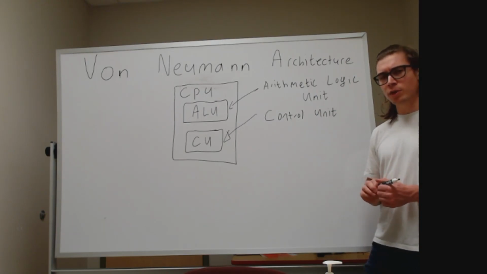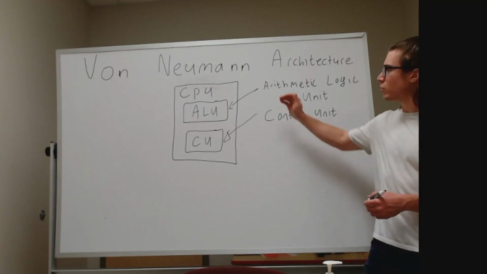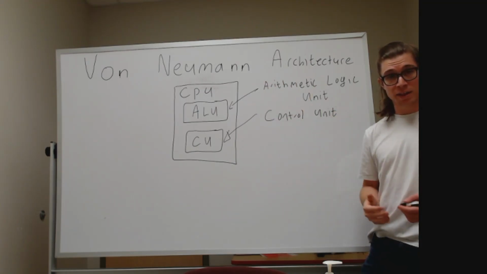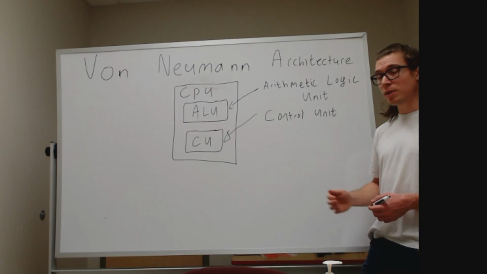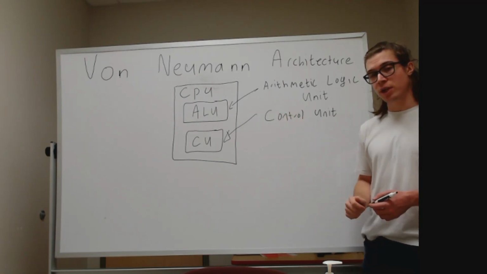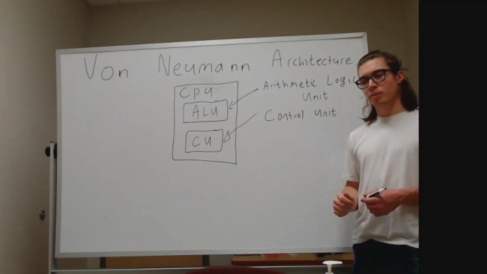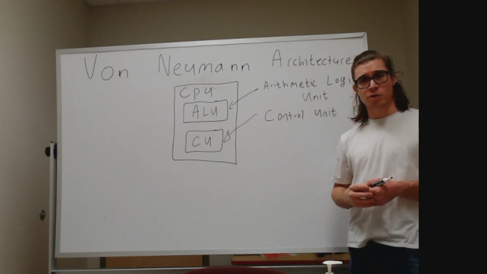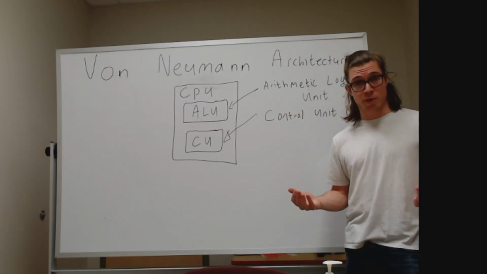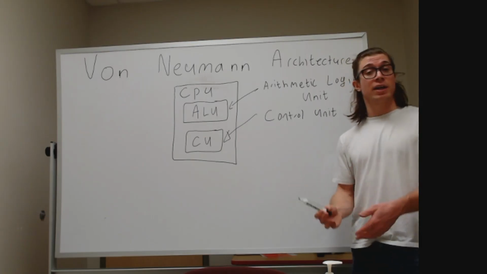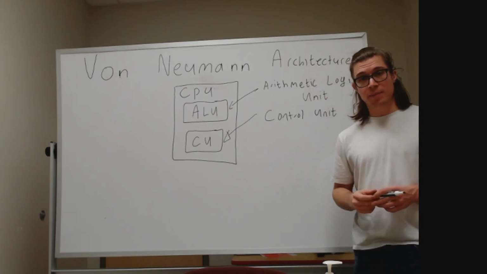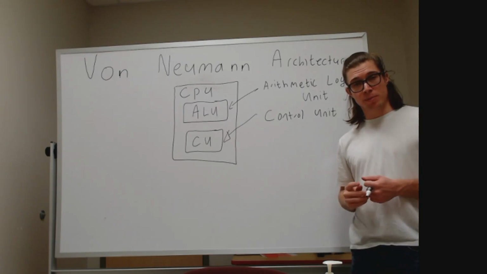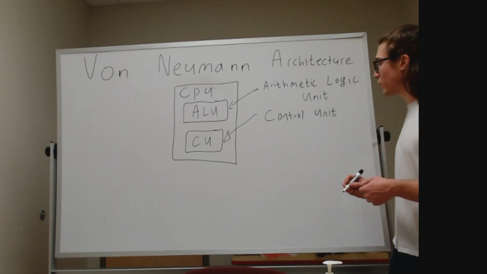Well, some of those commands are going to be ultimately sent to the ALU to do math or logic, and some of them are commands for the control unit, which tells it things like skip over the next command you're about to receive, or skip over the next 10 commands you're about to receive, or go back 6 commands, all right? And it's a little bit more complex than that, but that's what we'll leave it at for there.